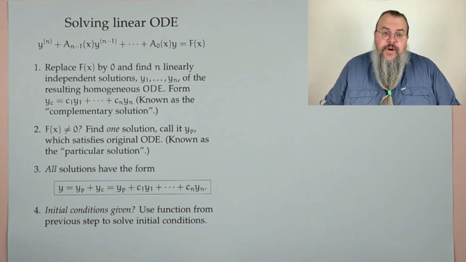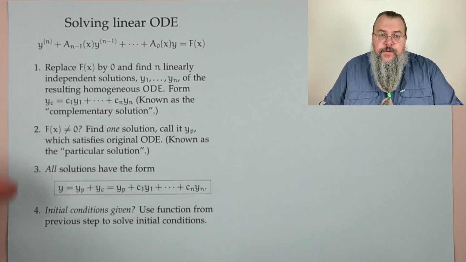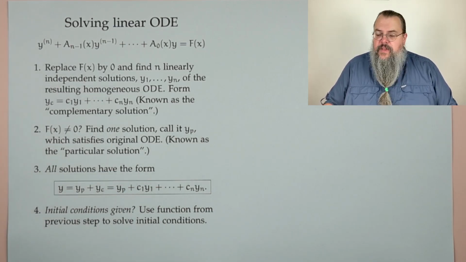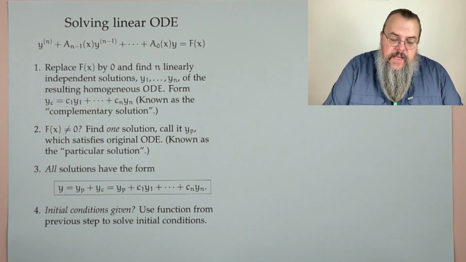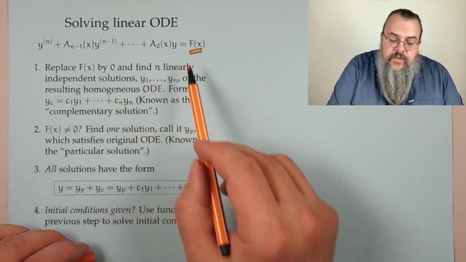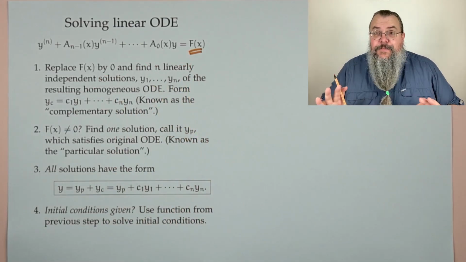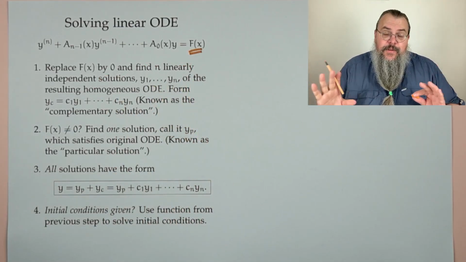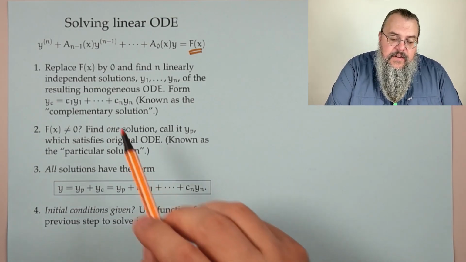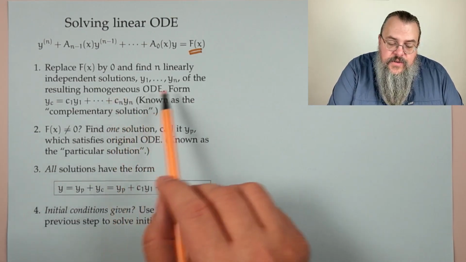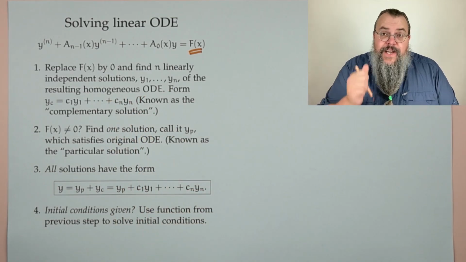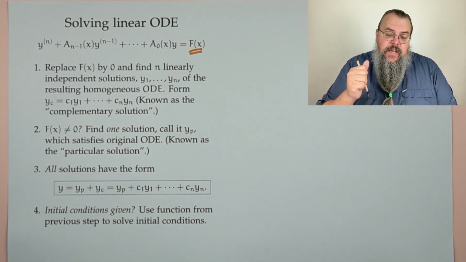Well, there's a process here, and we're going to work through it. The first step says, take this right-hand side, which is some function, and replace it by 0. Now, it might be 0 to begin with, in which case things are simpler. But if it's not 0, replace it by 0, and find the solutions to the homogeneous differential equation. We should find n of them, and they should exist.